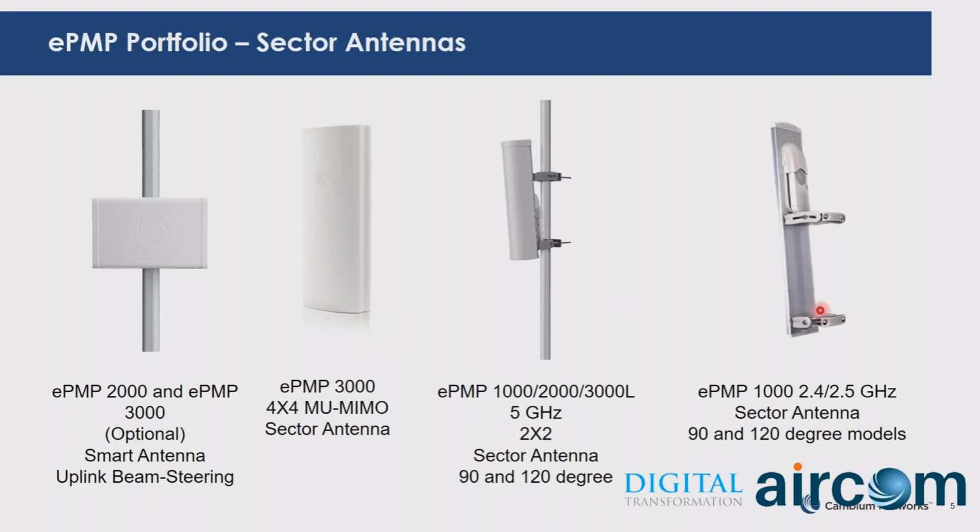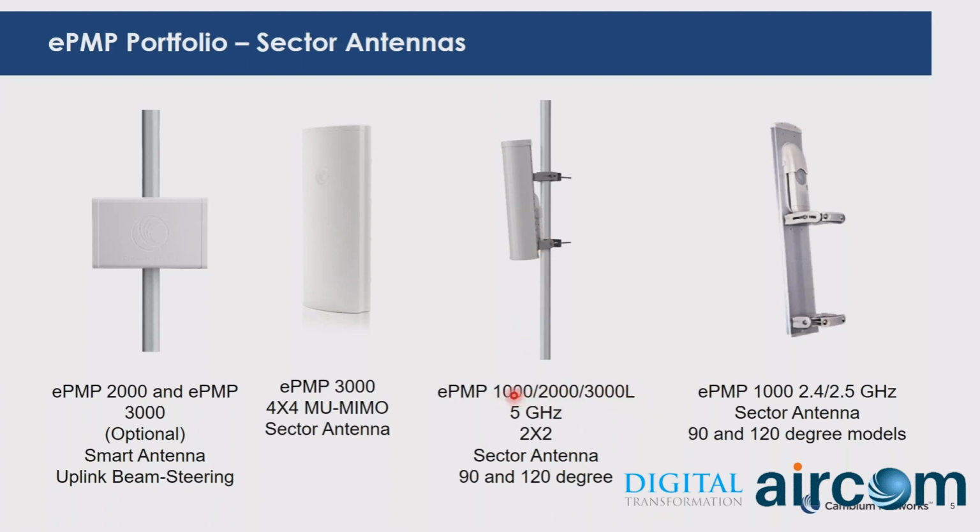What you have from the right-hand side of the screen was the sector antenna that was used with ePMP 1000. And then we improved the antenna design, making it a little bit smaller and sleeker. So this still worked with ePMP 1000 access points, and these are the APs that it can work with.